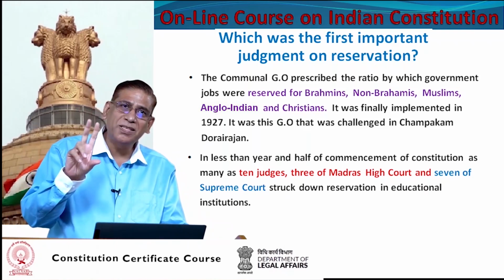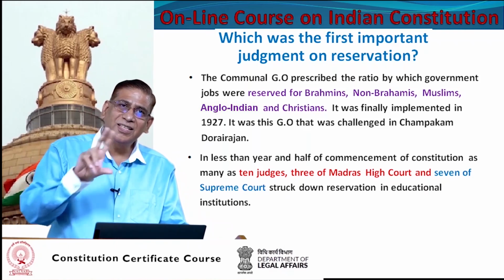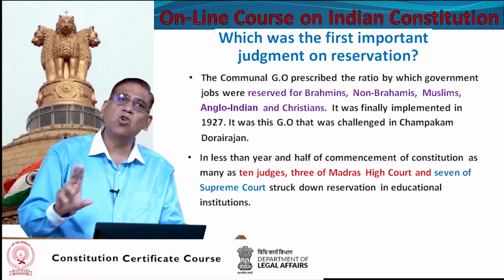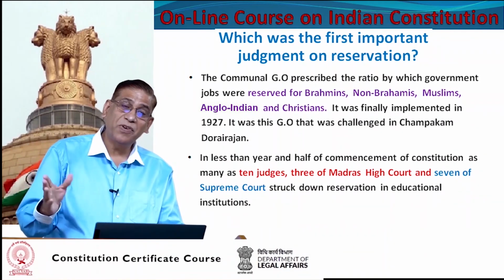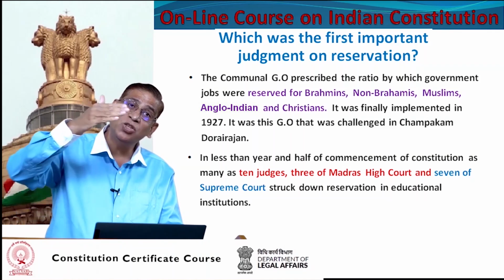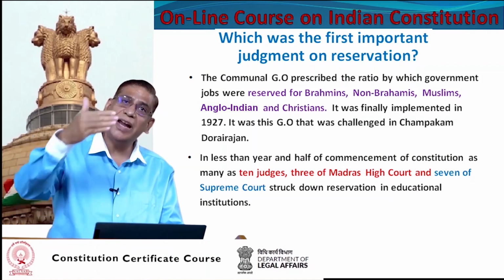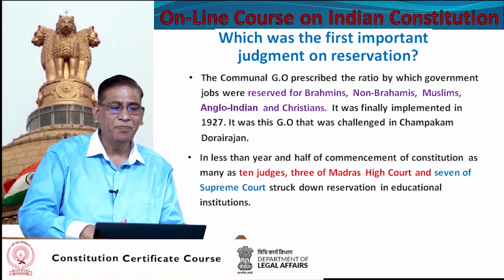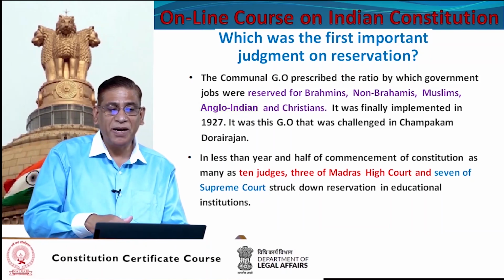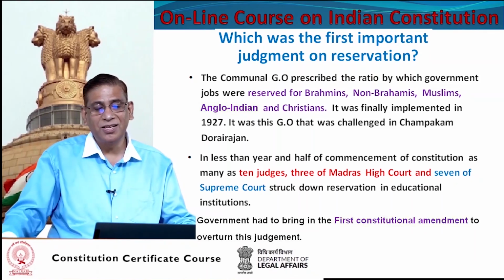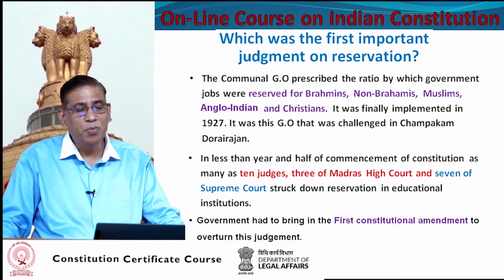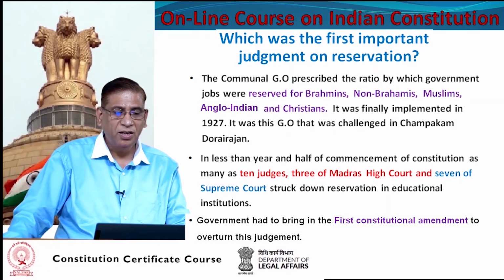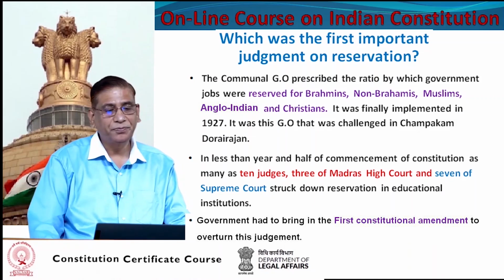Reservation in jobs is an enabling provision provided in Article 16, Clause 4. But whether we can have reservation in educational institutions, in the admissions, there was no provision at that point of time. And therefore, after losing this legal battle, government brought in the first constitutional amendment to overturn this judgment.